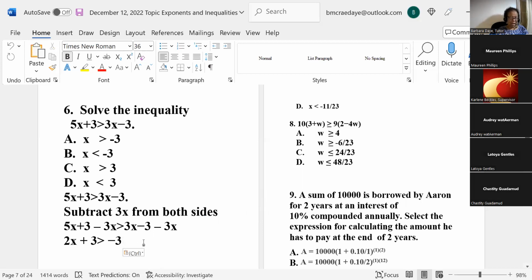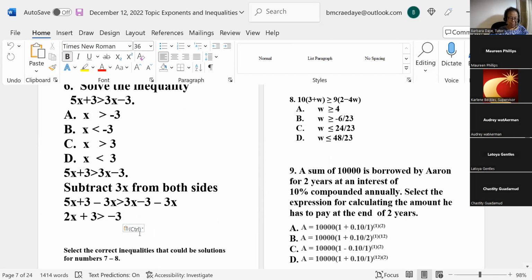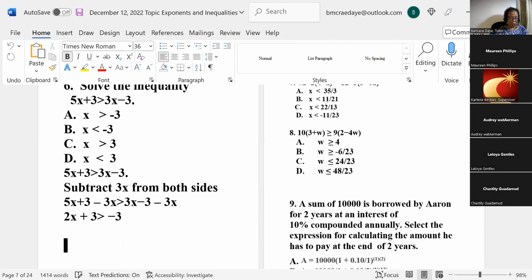Now, what do we do next? Now we're trying to get our constants together. So how do we get our 3 on the right side? This 3 right here. What do we do, Audrey? I want to get this 3 along with this 3.